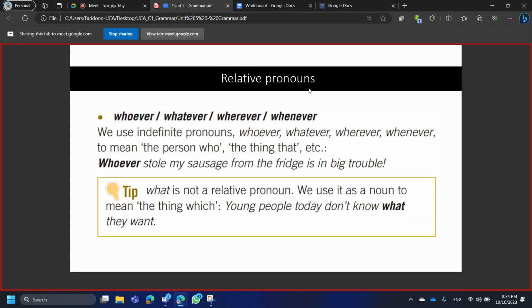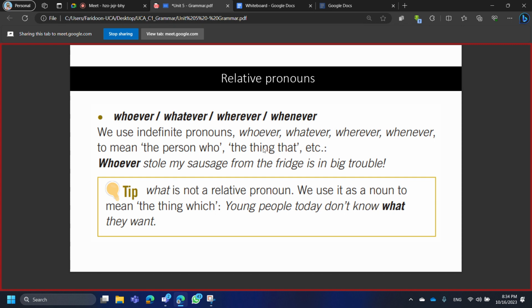So what about these pronouns, guys? What about whoever? What about whatever? What about wherever? And what about whenever? When you're using indefinite pronouns like these, to mean the person who, the thing that, it's very good.